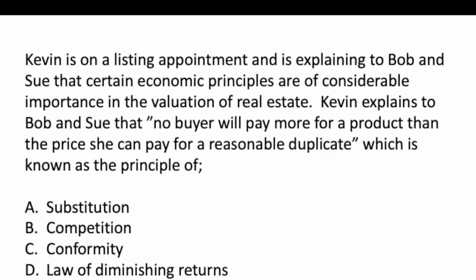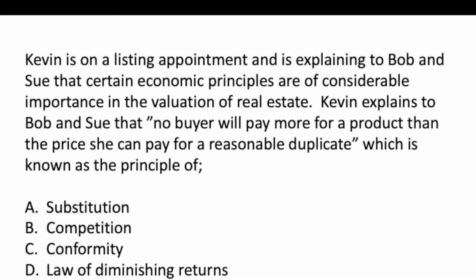If you read that question again, I think you will probably be able to answer it. Let's just drop down in the middle of the question. Kevin explains to Bob and Sue that no buyer will pay more for a product than the price she can pay for a reasonable duplicate.